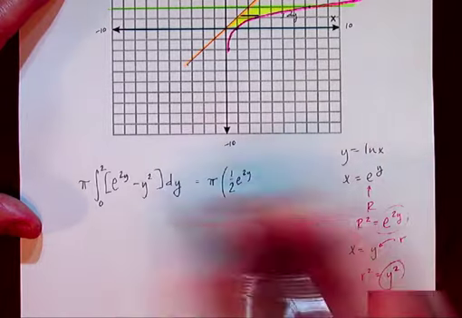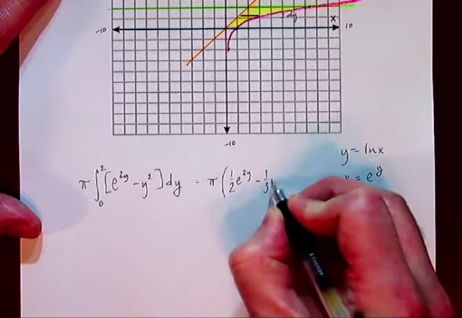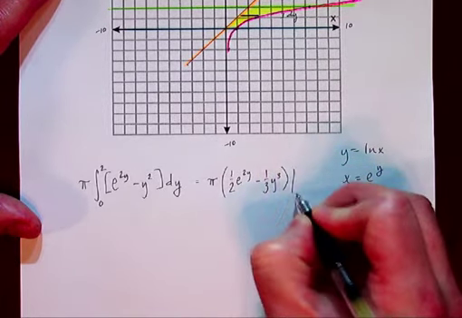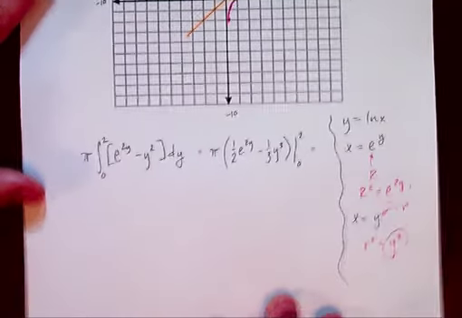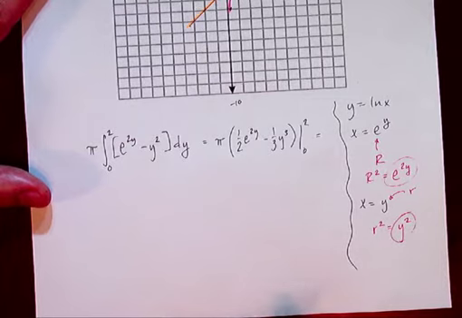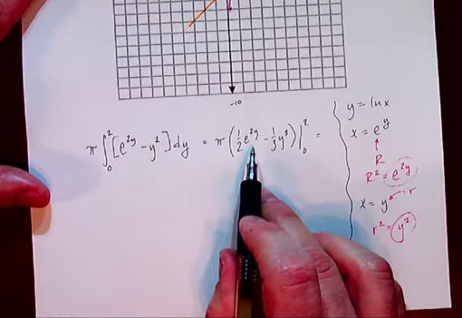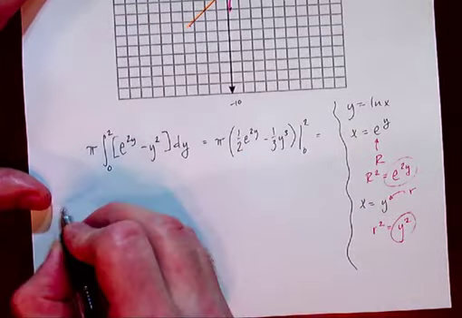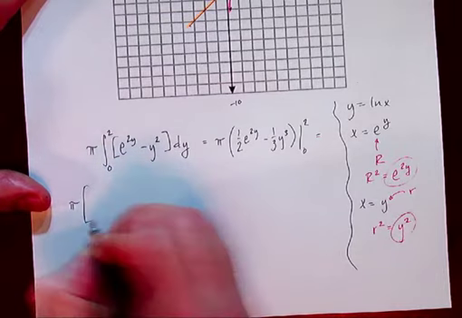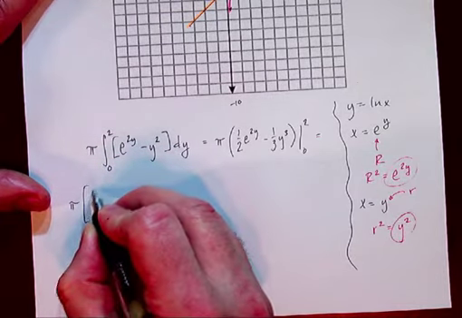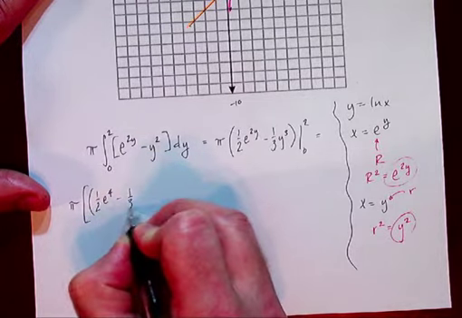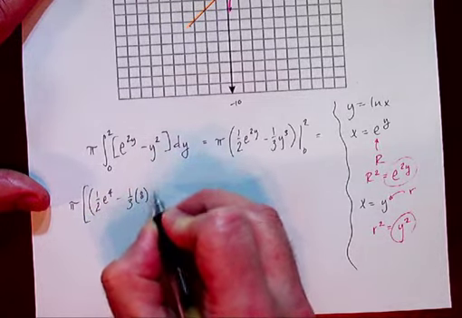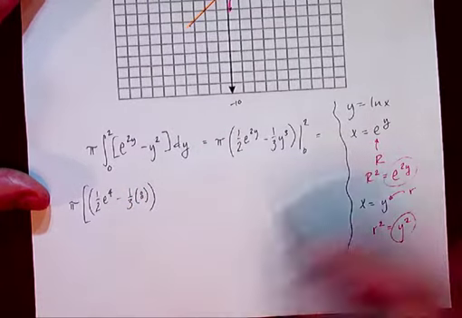The y squared becomes 1/3 y cubed, and I'm going from 0 to 2. Now, the 0 is actually going to matter in this particular one because this is not a polynomial term, and e to the 0 actually does have a value. But let's go ahead and plug in 2 first. I'm going to get 1/2 e to the 4th minus 1/3 times 8, because 2 cubed is 8.